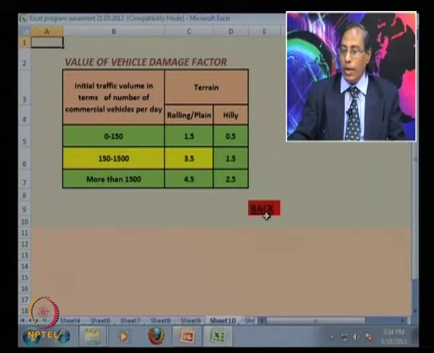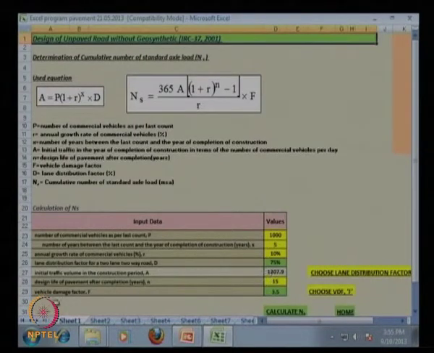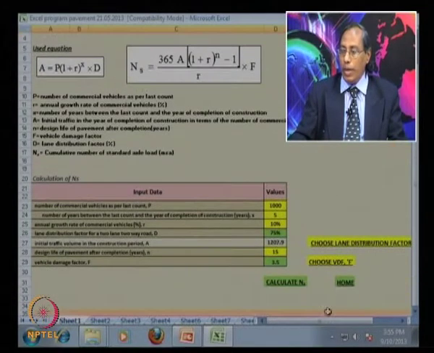So F is equal to 3.5, D is equal to 75%, and r and everything else is given. So we can calculate A, and we can calculate Ns.